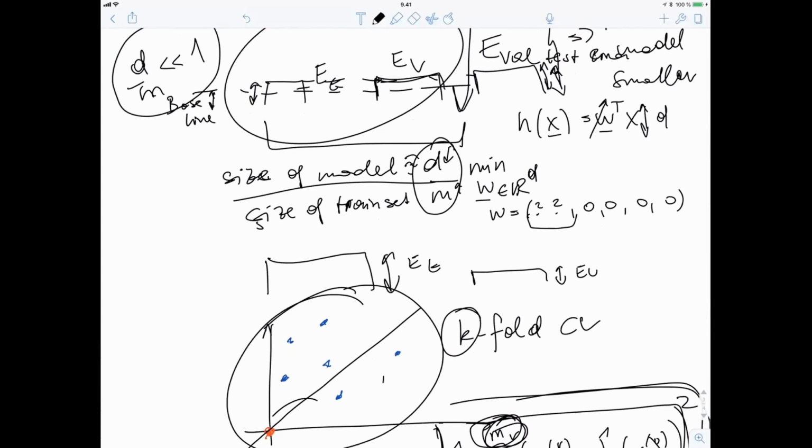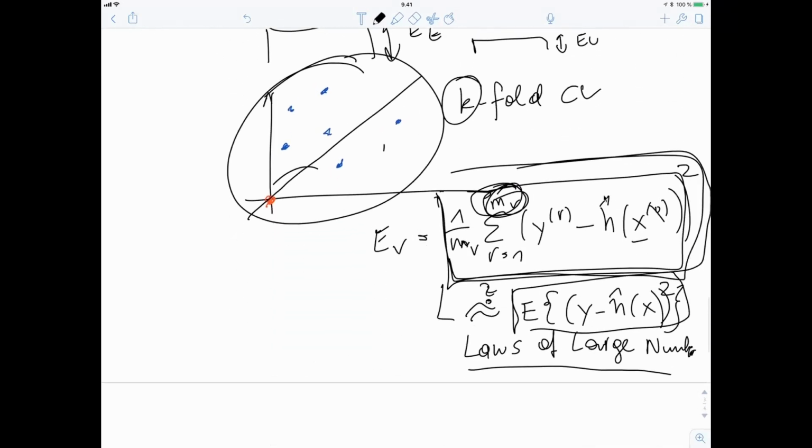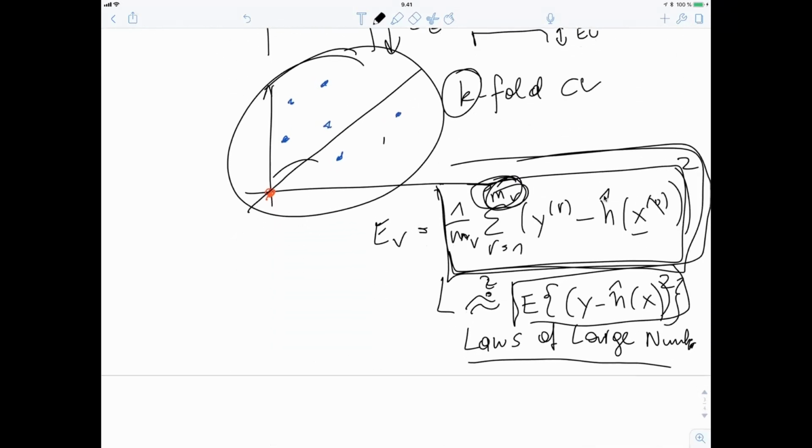We also discussed briefly how large the validation set should be in order to give an accurate estimate of the expected squared loss.